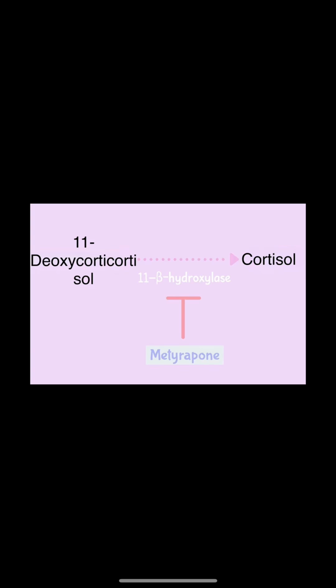In the case of ectopic ACTH production, like an adrenal tumor, it is out of control of the hypothalamic pituitary axis. So it will work autonomously and we will not see these results.